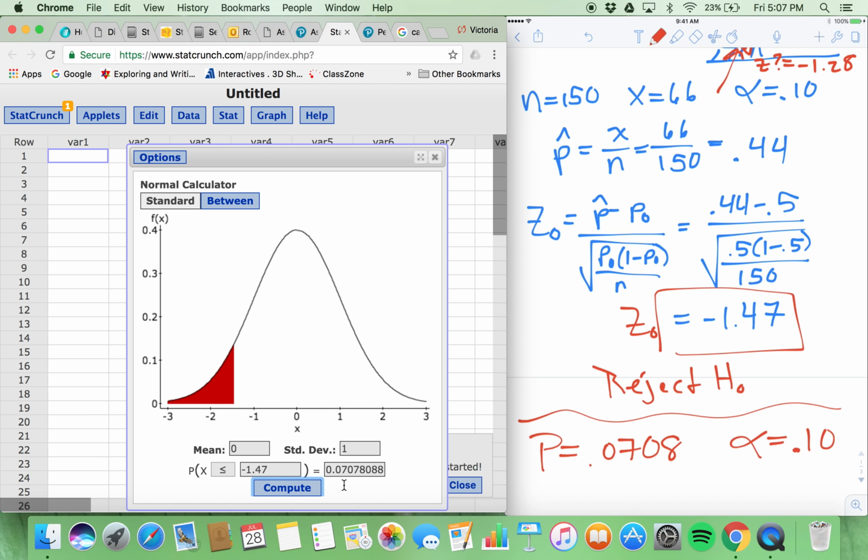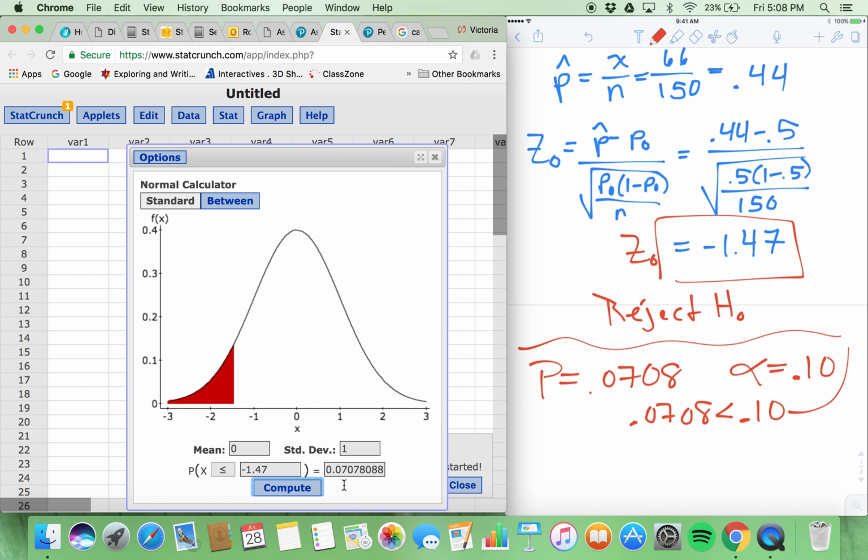It's a little rhyme: if the p is low, you reject the H naught. So if p is lower than alpha, you reject H naught. Considering that p here, 0.0708, is less than 0.10, we reject H naught, and we still get the same exact result as if we had done a Z-test. So if the p is low, reject the H naught.